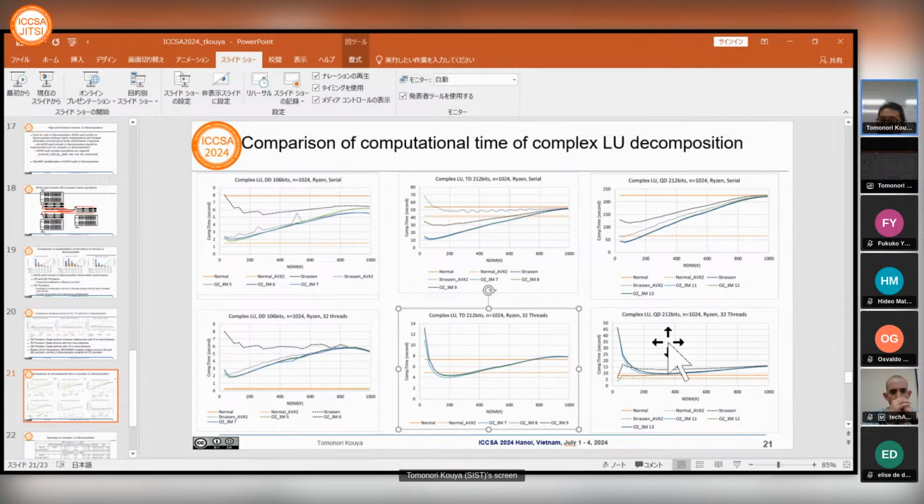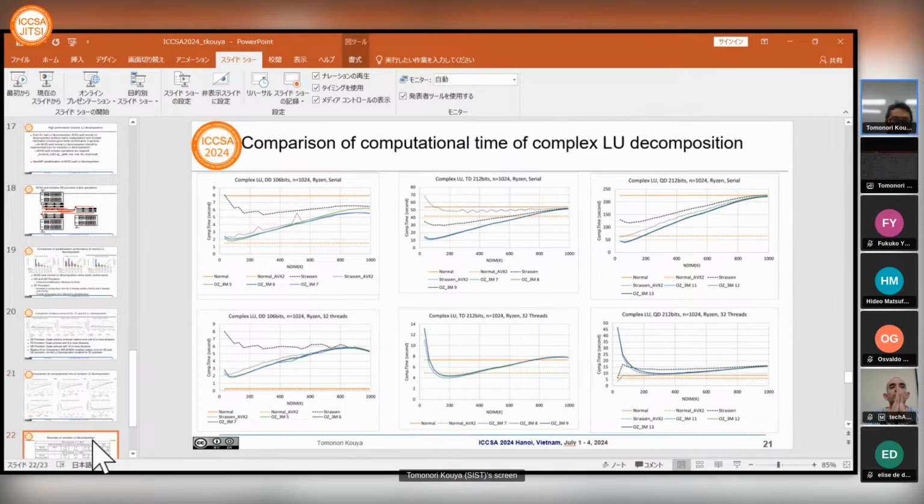In 32-thread parallelized execution, the Strassen AVX2 version is showing the best one in this case, but overall the simulated normal LU decomposition is showing almost the best performance.